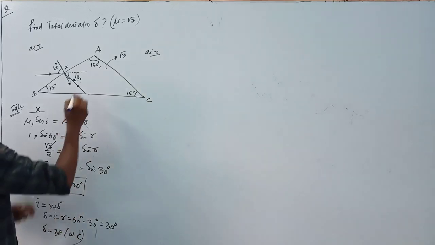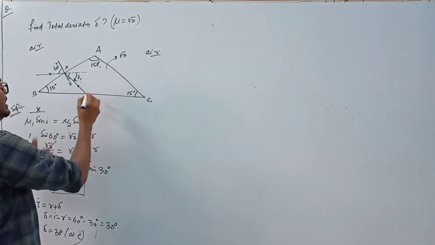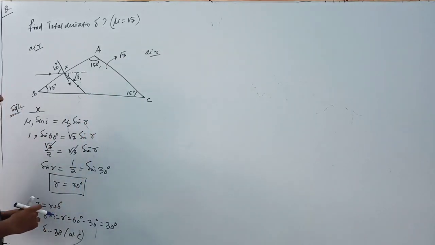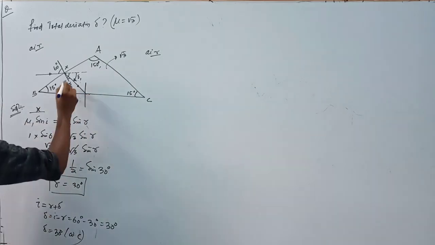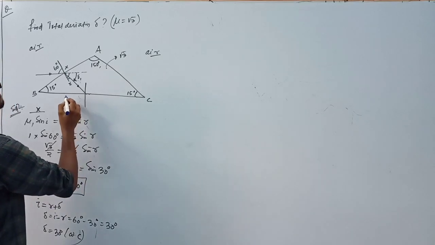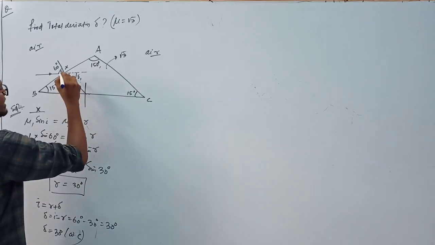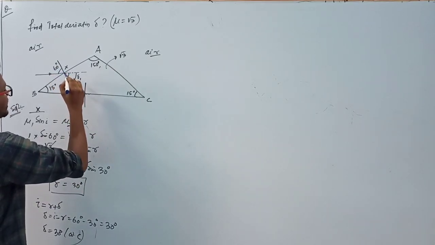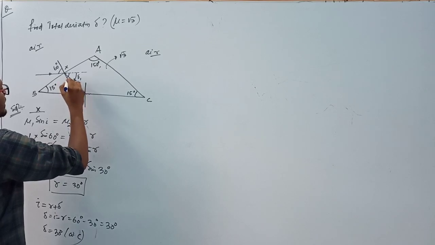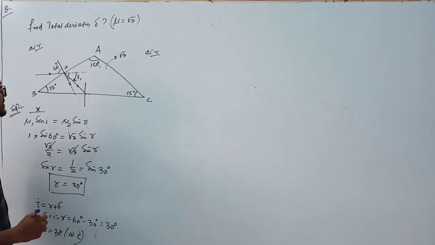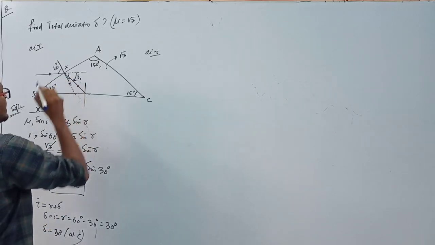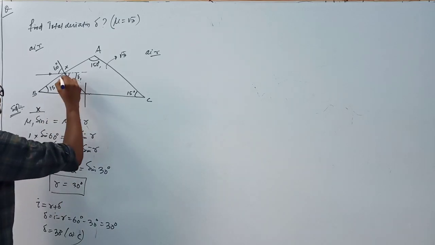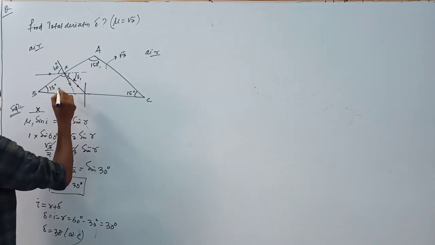Okay. Now second, if this is root 3, then a question may arise here. If we draw a normal at this point, this angle is 90. Clear? If we draw a normal at this point, then this angle is 30 degree, this angle 30, so this angle is 90.